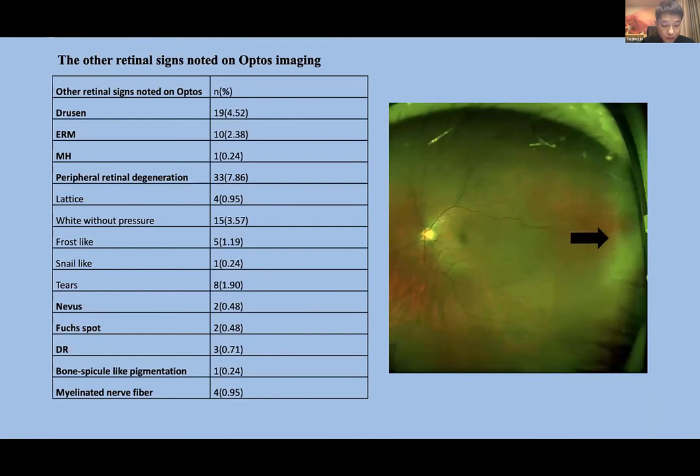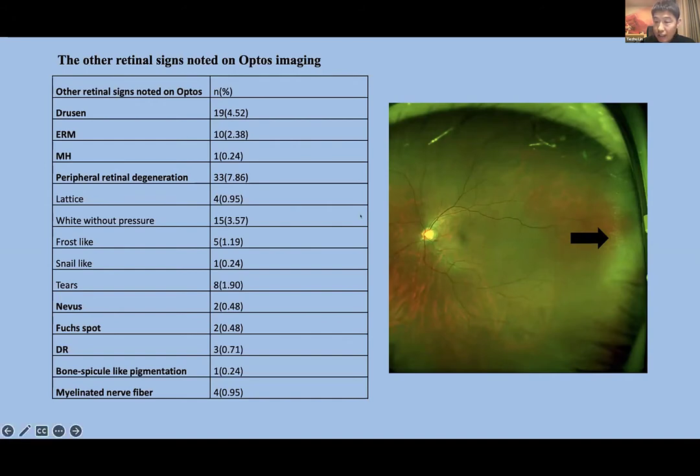On ophthalmic images, 25% of these eyes had shown other retinal problems, such as drusen. We have listed here epiretinal membrane, macular hole, peripheral retinal degeneration, choroidal spots, diabetic retinopathy, bone spicule-like pigmentation, or myelinated nerve fibers.